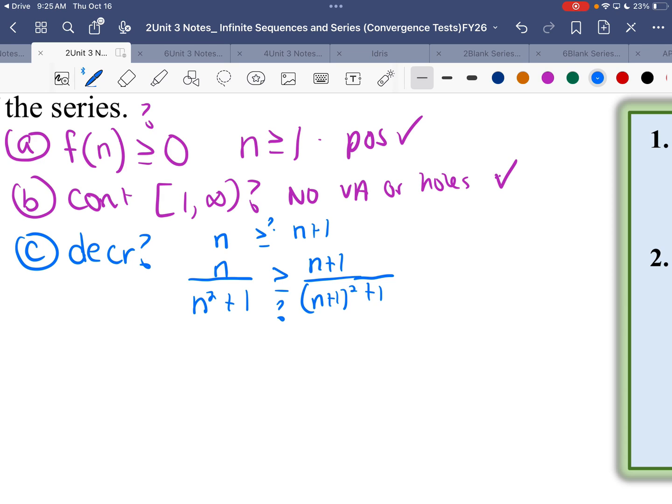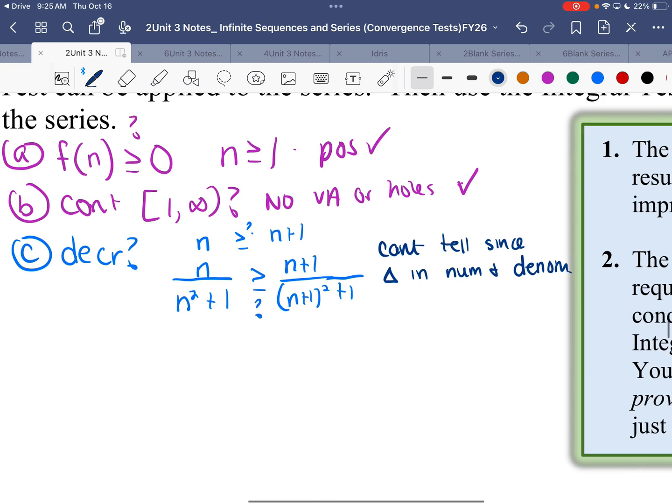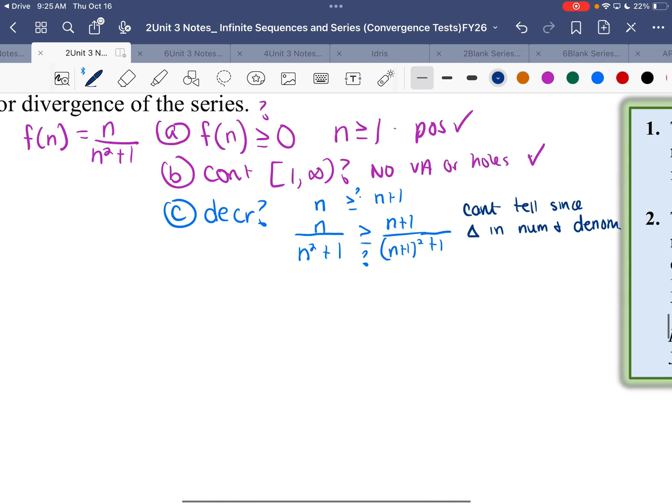You can kind of tell, but you really can't tell for sure because there's a change happening in the numerator and the denominator. So since I'm not sure if it's decreasing or not, I have to do the first derivative and check if it's decreasing.